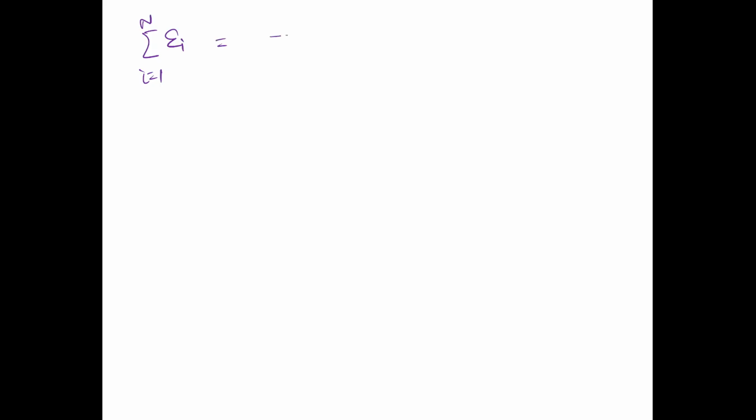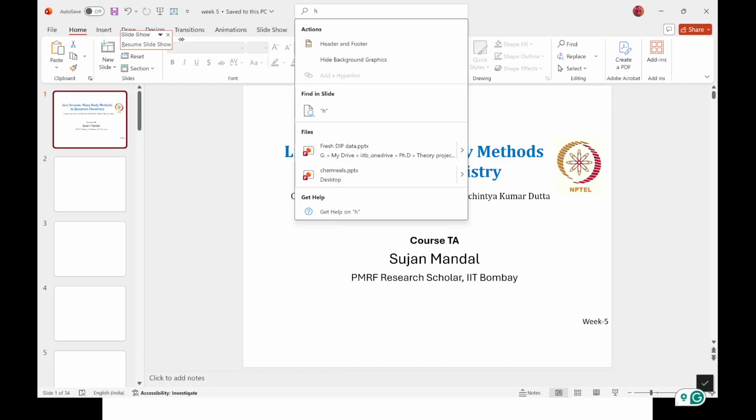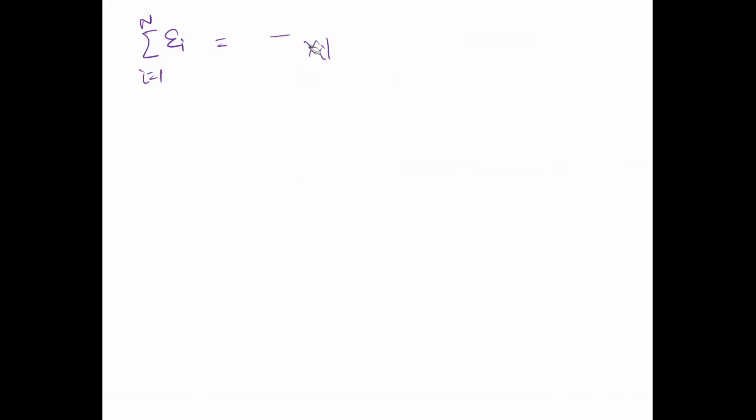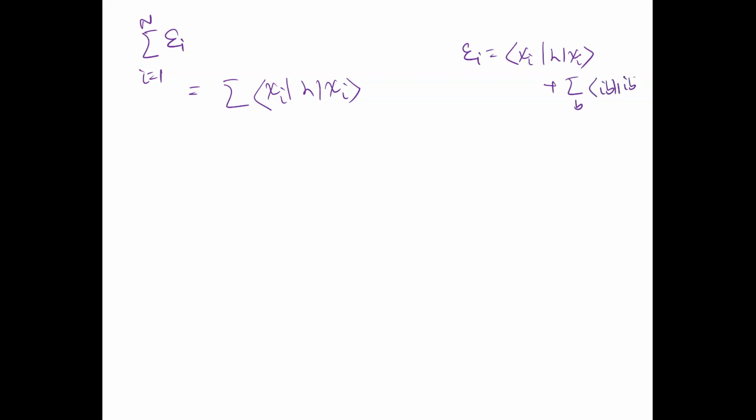You will get the summation over I of chi I h chi I, because what was your epsilon I? Epsilon I was chi I h chi I plus summation over B of ⟨IB||IB⟩.